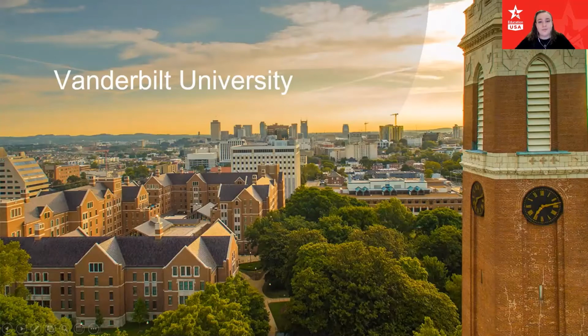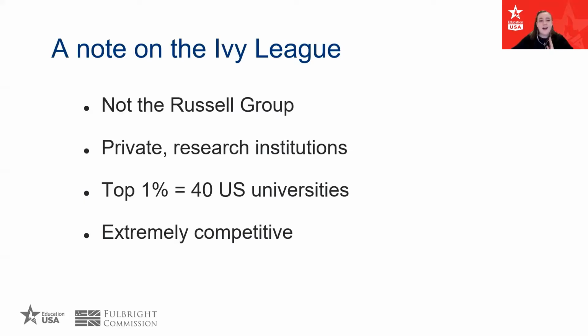Okay, now before we move on to information on funding your US study, I want to just give a quick note on the Ivy League, because it's something that we get a lot of questions about here at Education USA. And I kind of want to just give you some more information and dispel some of the myths surrounding it.